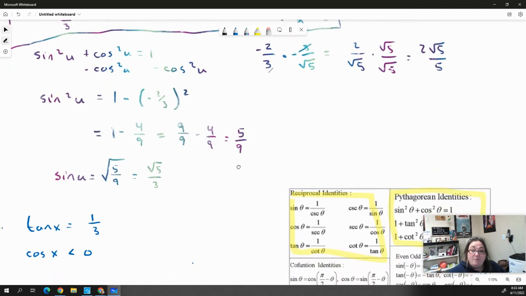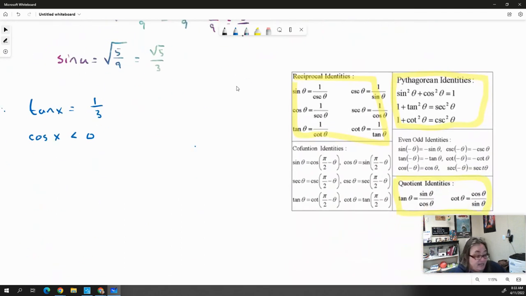So what does that tell me? It tells me that anything relating to sine is going to be positive. So sine would be positive, cosecant would be positive, tangent's positive, so we know that tangent is positive and that cotangent would be positive.